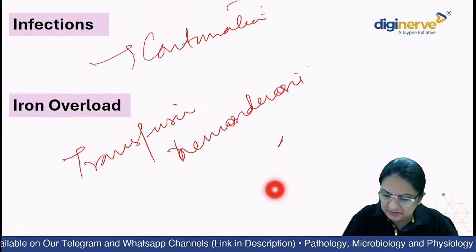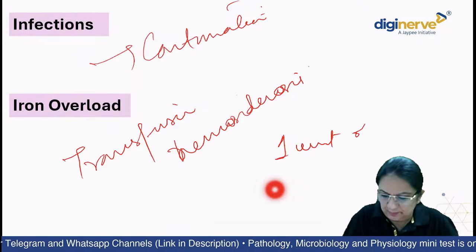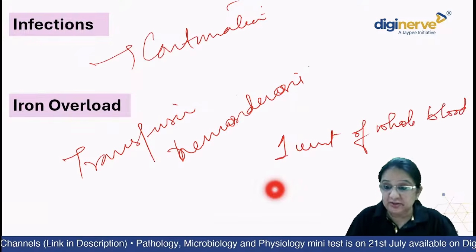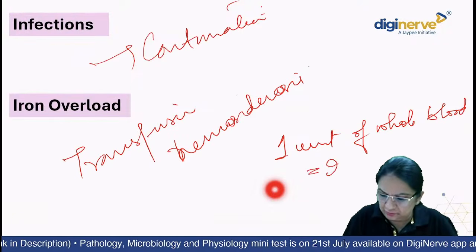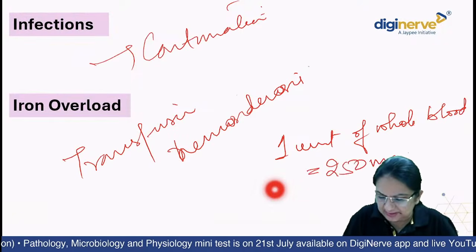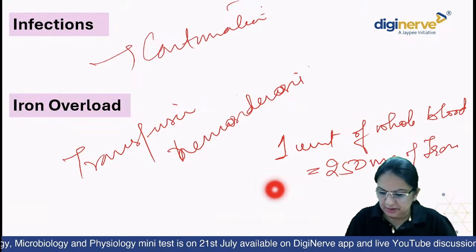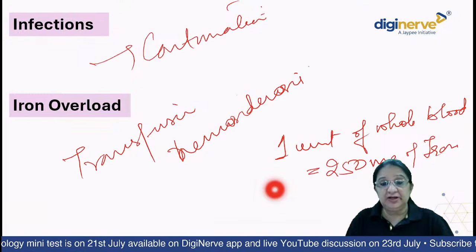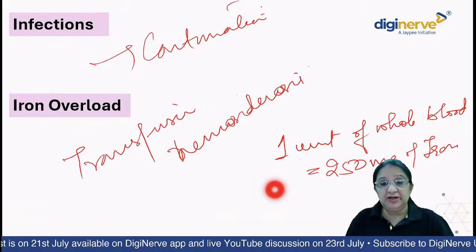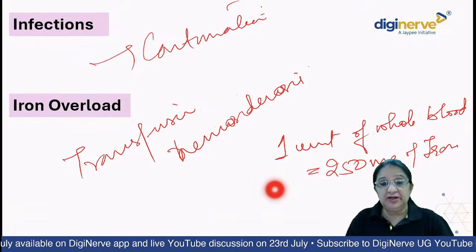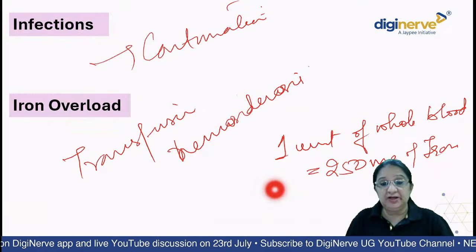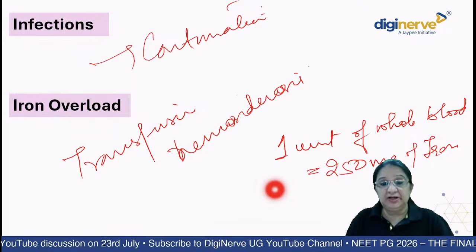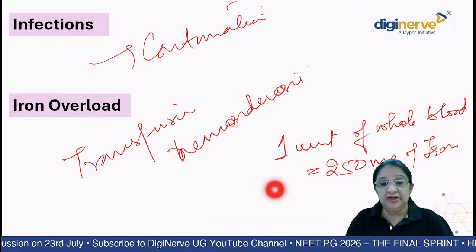Because 1 unit of whole blood gives you around 250 milligrams of iron. So you need almost 100 units of blood for all your organs to be affected. So it is rare, but nevertheless, with multiple transfusions you can see it, right?